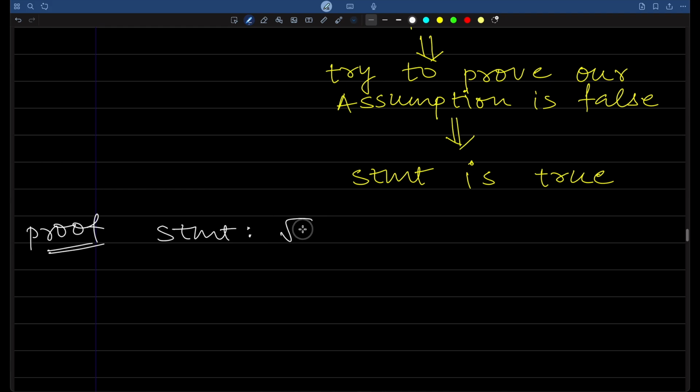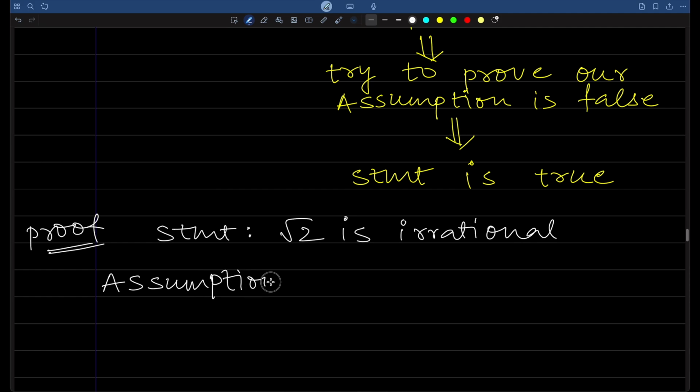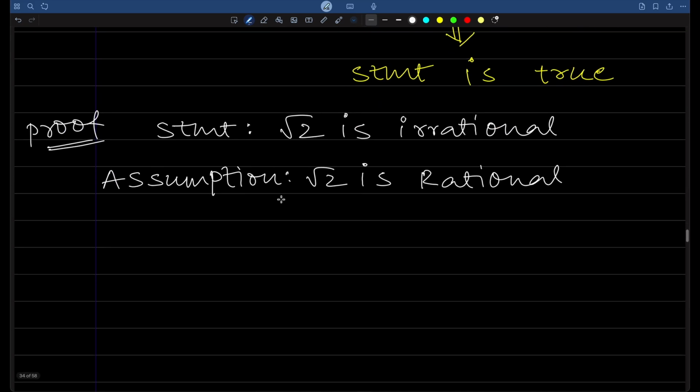The statement is root 2 is irrational. We will assume that root 2 is not irrational, or we can say root 2 is rational.